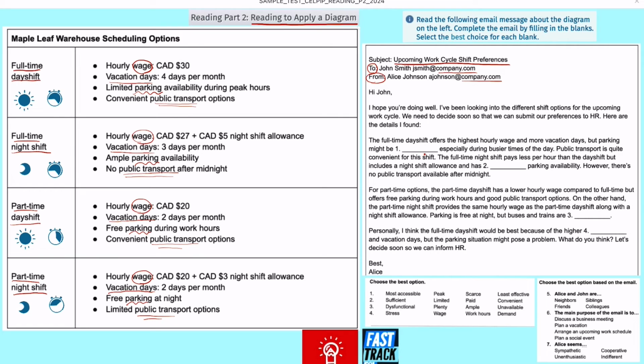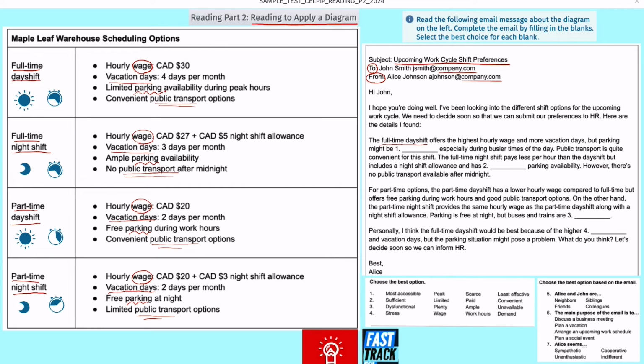Okay, so again, if you remember, at each point, we need to know which of the options is being discussed. In this particular case, the speaker begins with the full-time day shift option, and it's acknowledged that the pay is higher and there are more vacation days, but parking might be.